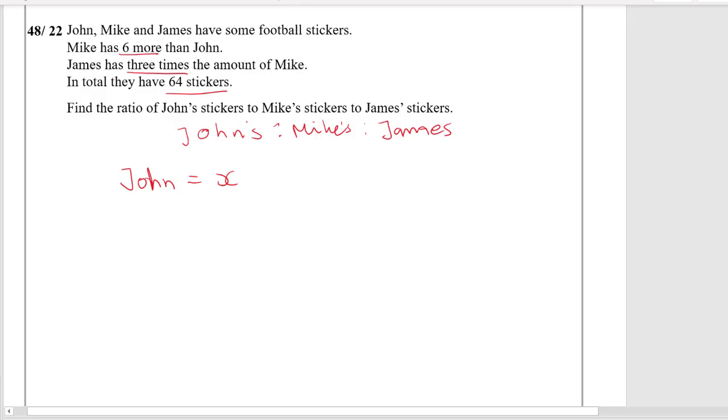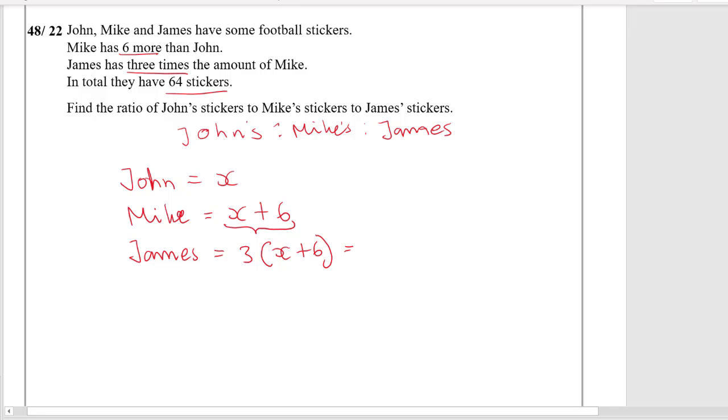Mike has 6 more than John, so you add 6 to John's. And James has 3 times the amount of Mike. So if Mike has x plus 6, that means James has 3 lots of this, 3 times x plus 6.